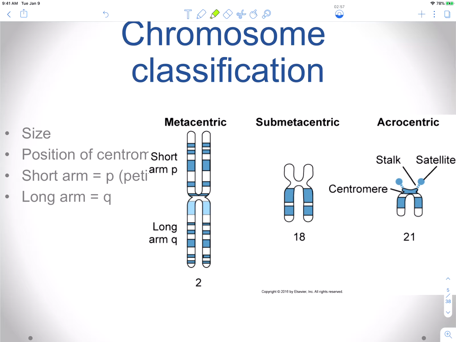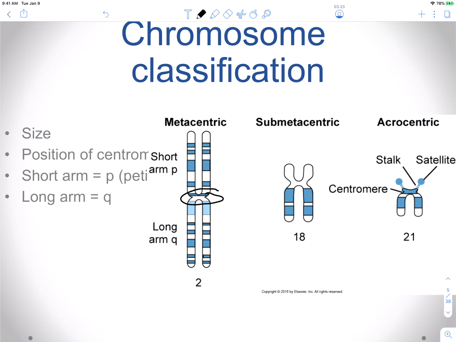So chromosomes are going to be classified based on where they are. You're going to have different sizes of chromosomes. You're going to have some that are longer, some that are shorter. The Y is much smaller than the X, for example. There's also classification based on the position of the centromere. So here the centromere is in the center, so that's referred to as a metacentric chromosome.